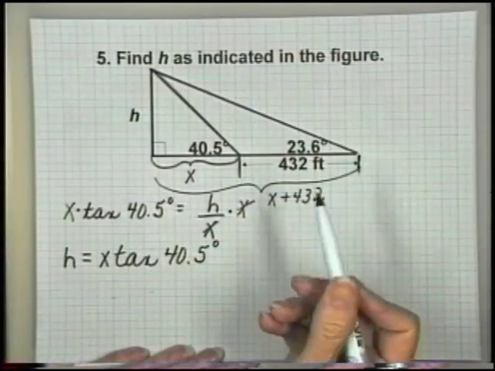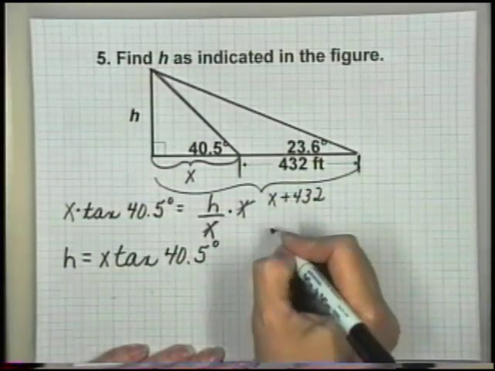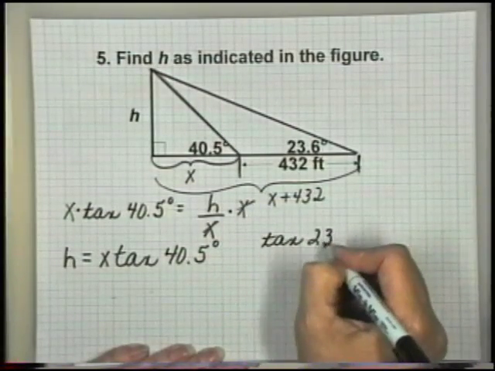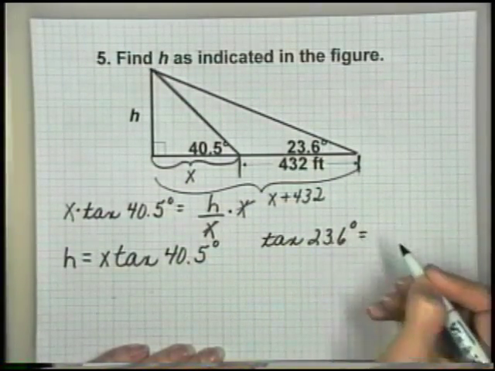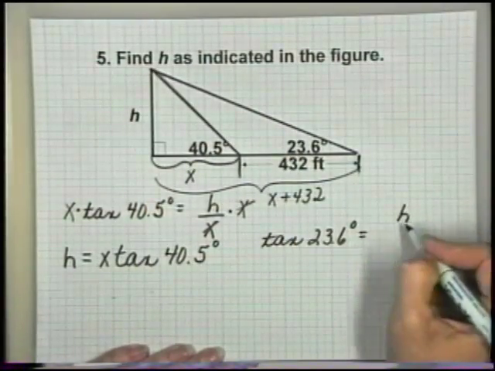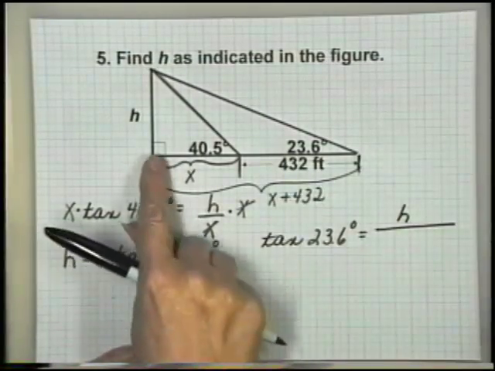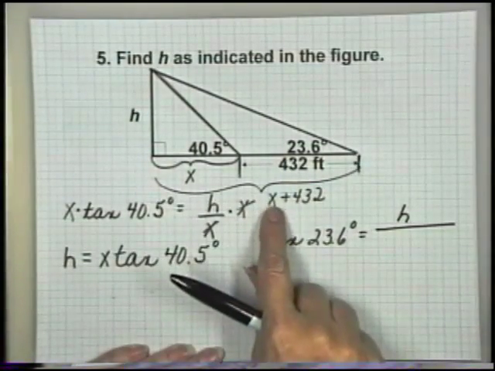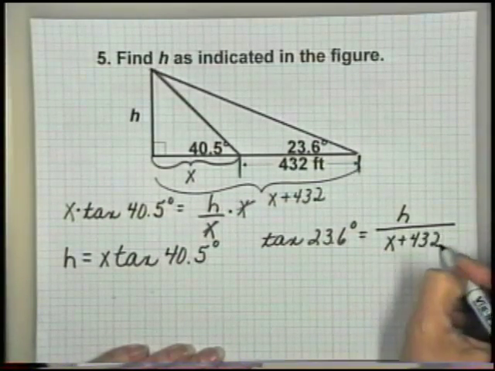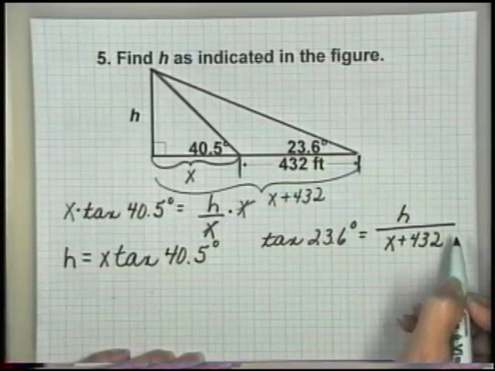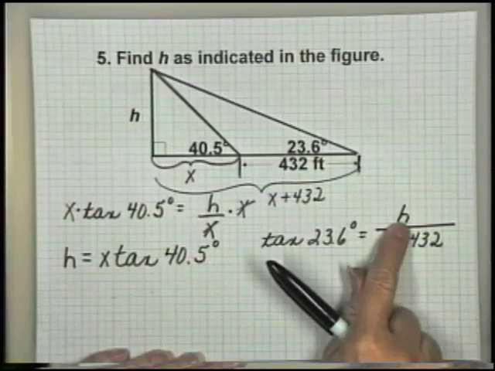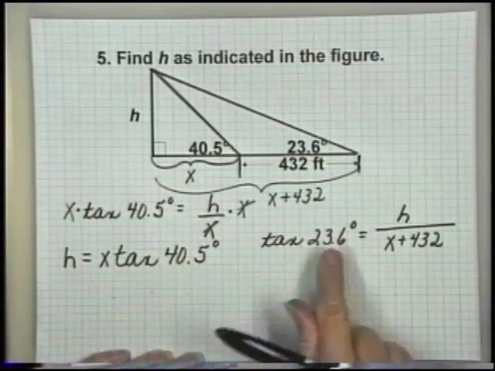So let's set up another trig function relationship. The tangent of 23.6 degrees will equal the length of the opposite leg, which is h, divided by the length of this adjacent leg, which is x plus 432. Now what I'm going to do for this equation is solve it for h also.